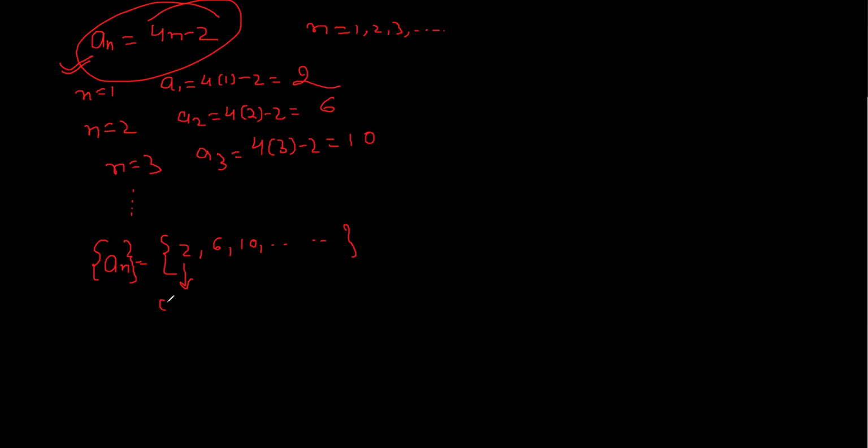The first term is what? 2. You can also denote it by a1. a2 is what? 6. 4 plus 2. 4 plus 2 means what? 4 plus a1. Right? a3 is what? 10. 10 means what? 6 plus 4.